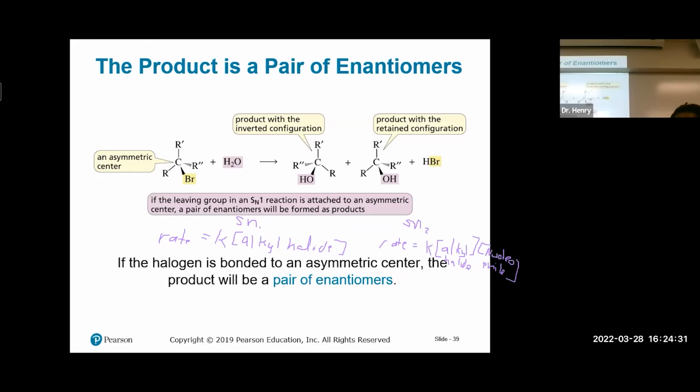So we know that under these circumstances, SN1 reactions are going to give us both enantiomers.